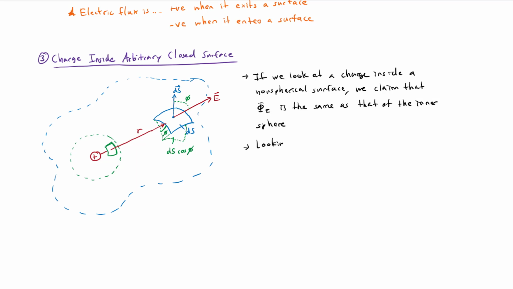So looking at this diagram, we know dS is parallel to the component of the electric field that is normal to the surface. And this makes an angle phi to the electric field line.